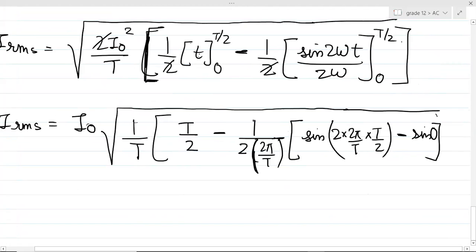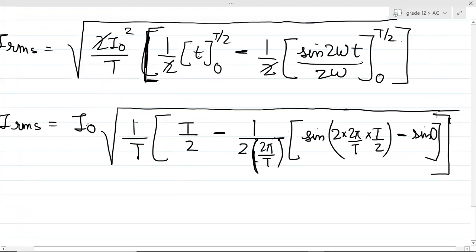Please write everything very carefully. This derivation is going to be very special because from this I'll generalize something, and those general results will be used everywhere. Okay, guys?